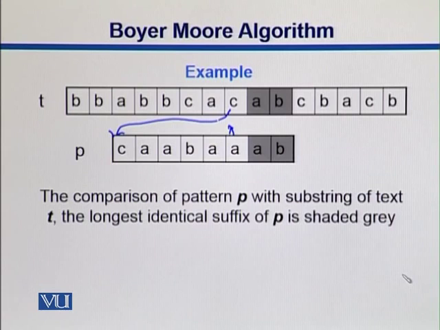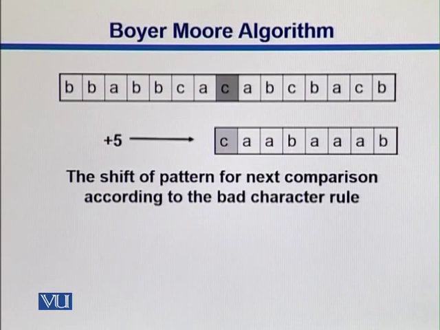That is called the bad character rule. It gives how many shifts it needs so that these two correspond. So it shifts the pattern for the next comparison according to the bad character rule, by 5 more characters. In that way we can align that bad character with the pattern. If it does not exist, it will move even beyond that.